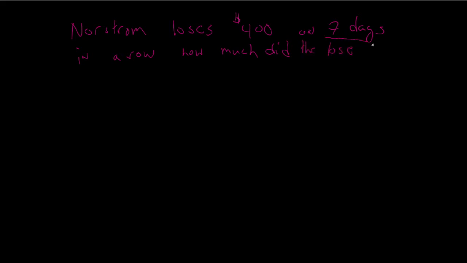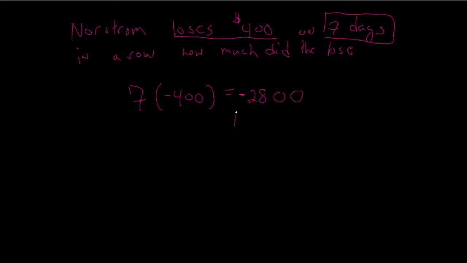Well, I'm having the same thing happening 7 times. And because this is a loss, we can think of it as a negative number. And so we can say 7 times negative 400 is equal to, let's see, I'm going to have 2 zeros. And then 7 times 4 is 28. And a negative times a positive is negative. And so we can say that they lost $2,800. And the negative sign tells me if it's a loss or a gain.